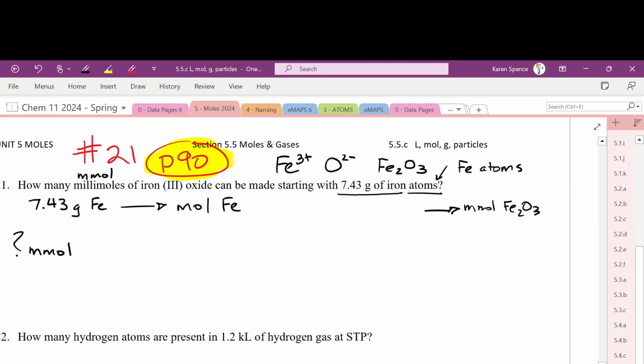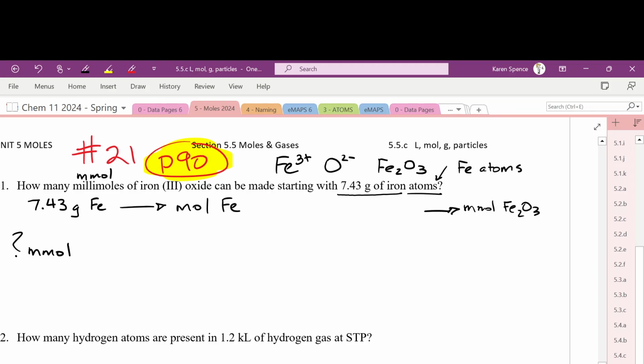Now I'm actually going to work both forwards and backwards. Okay? If I want to end up with millimoles of Fe2O3, what would I have to get to before that? Millimoles, I would need to have moles of Fe2O3.